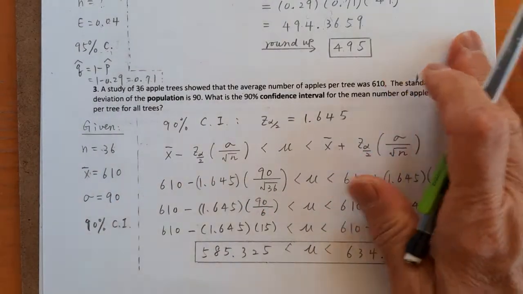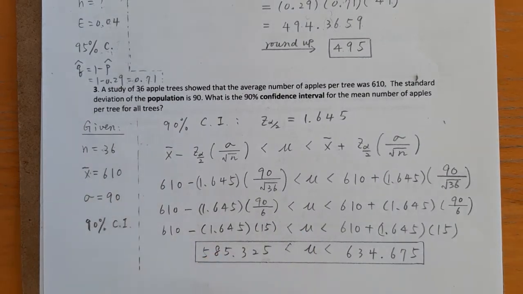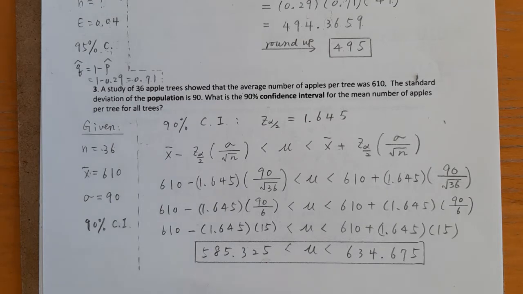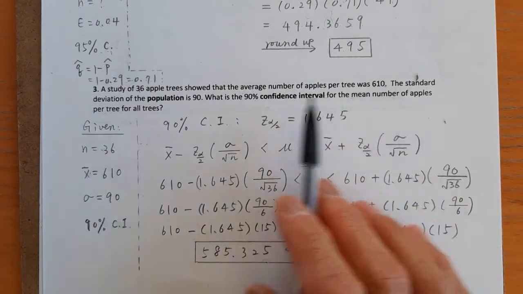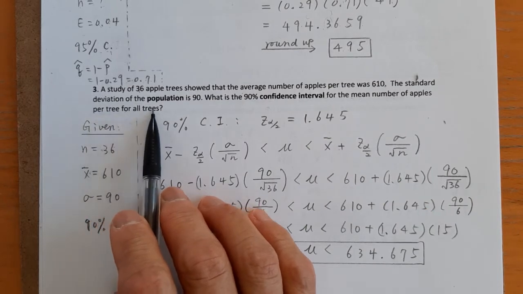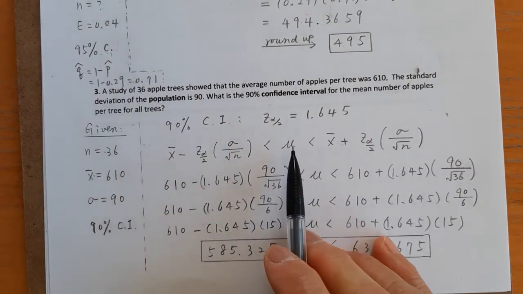The standard deviation of the population, sigma, is 90 apples. Find the 90% confidence interval for the mean number of apples per tree for all trees. So we are finding the population mean.